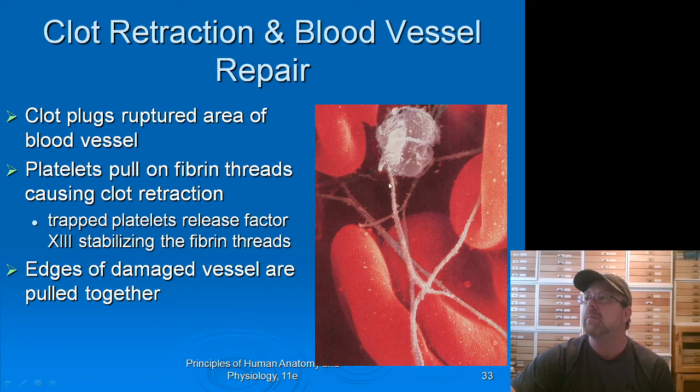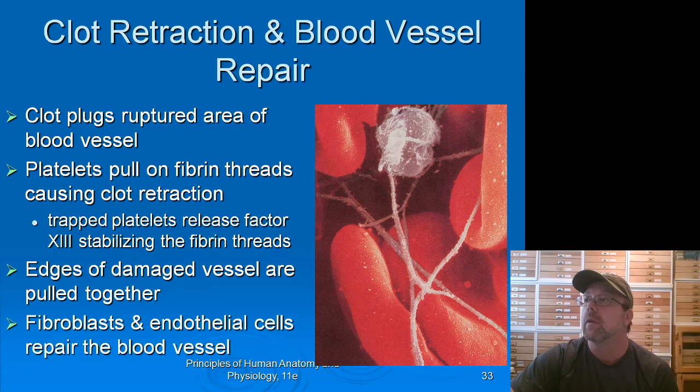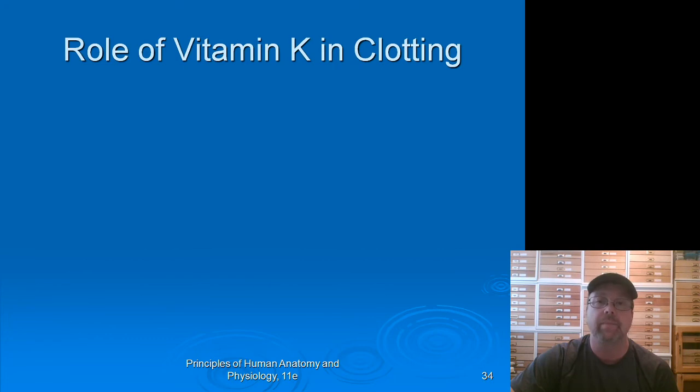So actually the production of fibrin, this blood clot, this web or net of protein, can help increase the speed of repair. All right, then it says fibroblasts and endothelial cells can come in and start repairing the damage. All right, so that is blood clotting.